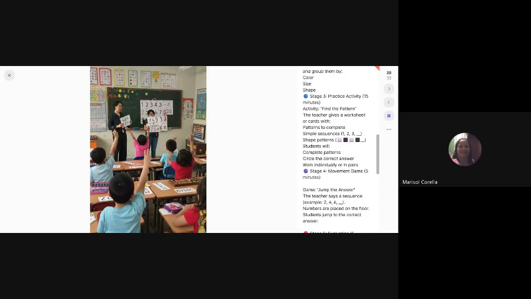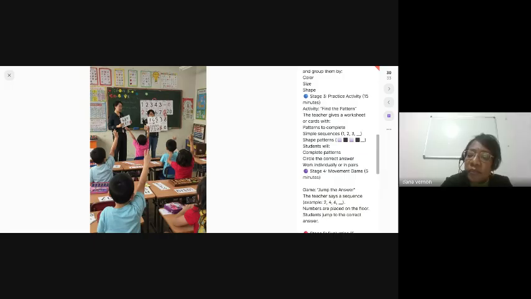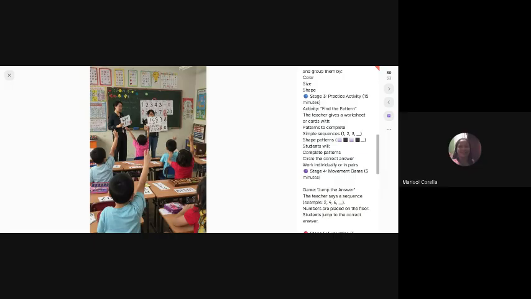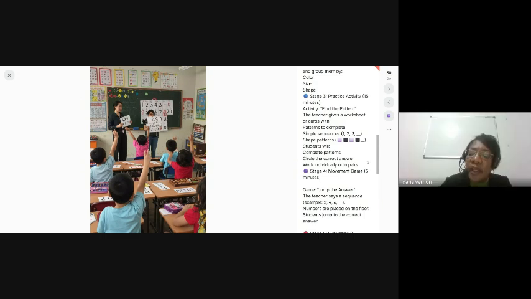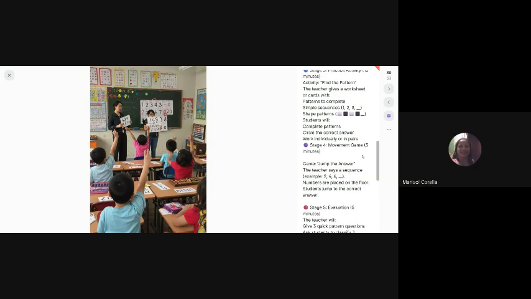The student will complete the pattern and circle the correct answer, whether individually or in pairs. And the next stage is number 4, the movement game for 5 minutes.